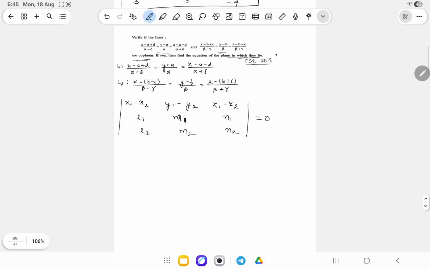So we'll just substitute values from the given equations and see if this satisfies.